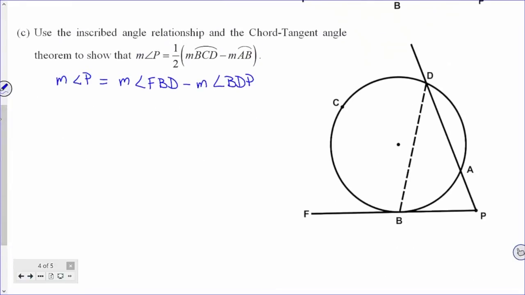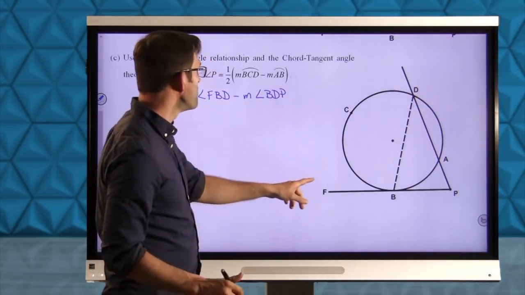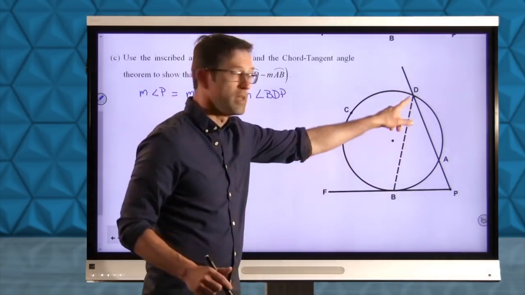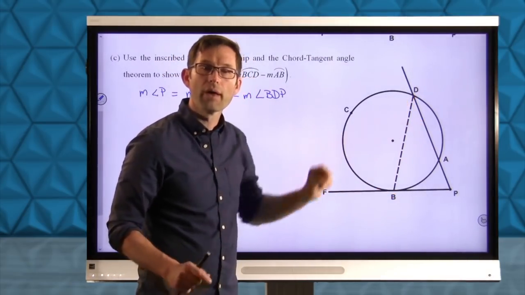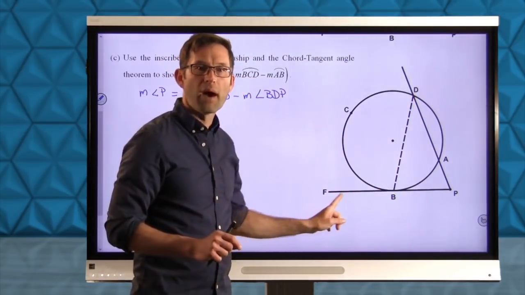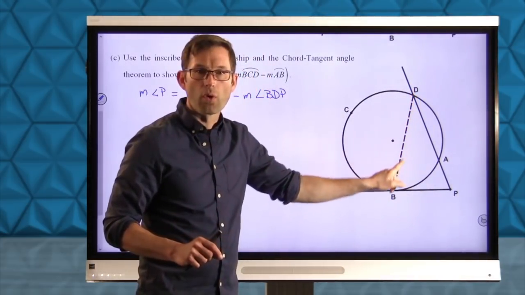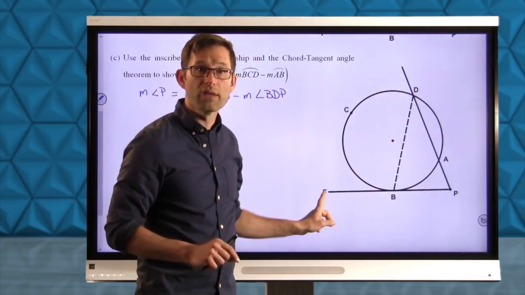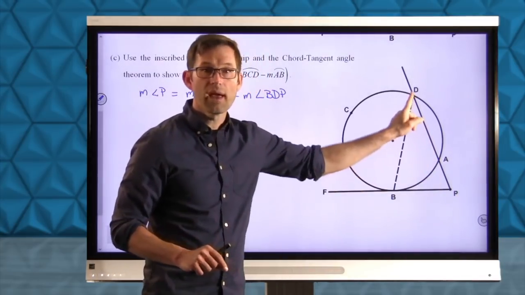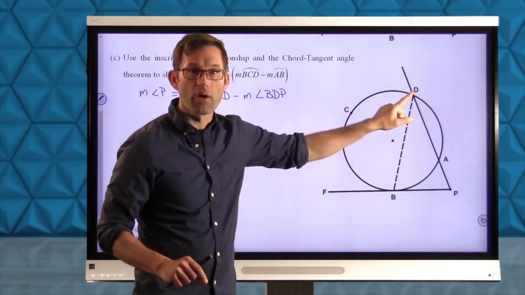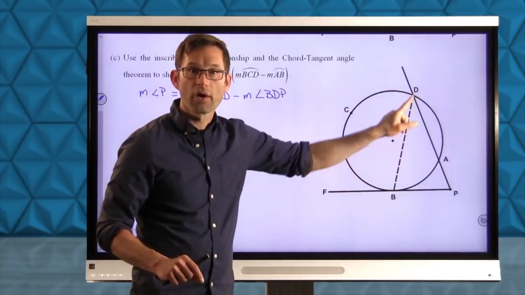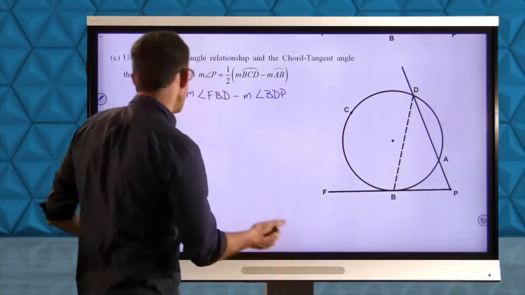Okay, well, what do we have? Well, FBD, right, is not an inscribed angle. But it is an angle made by a tangent and a chord. And what we've already proven is that an angle made by a tangent and a chord will always be 1/2 of the intersected arc, which in this case is arc BCD. All right?